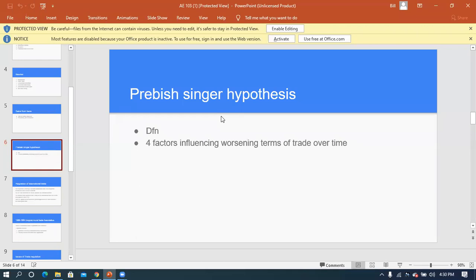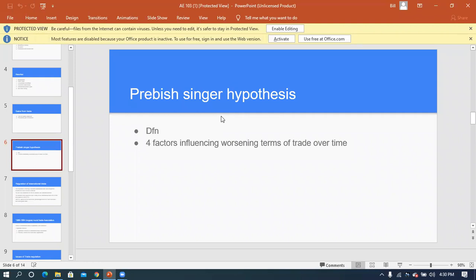By definition, the Prebisch-Singer hypothesis basically means that the value of commodities exported by developing countries relative to commodities exported by developed countries has been declining, or worsening, over time.